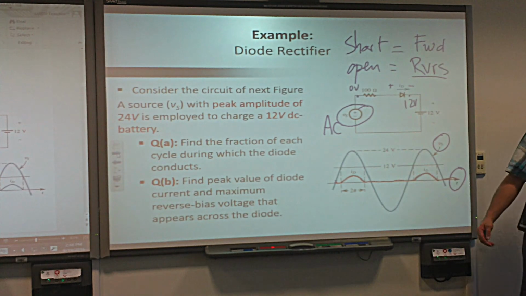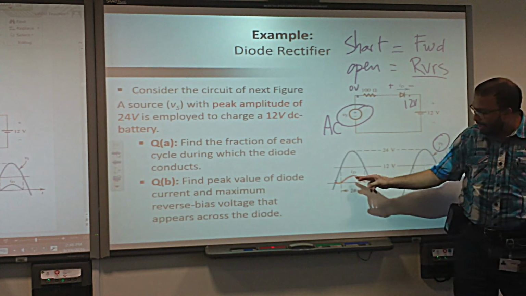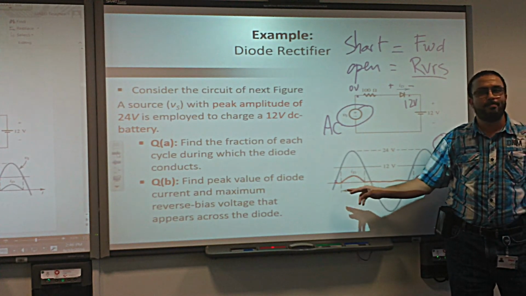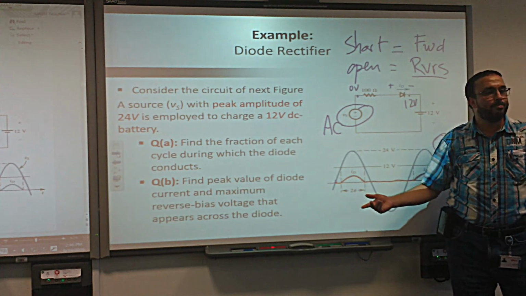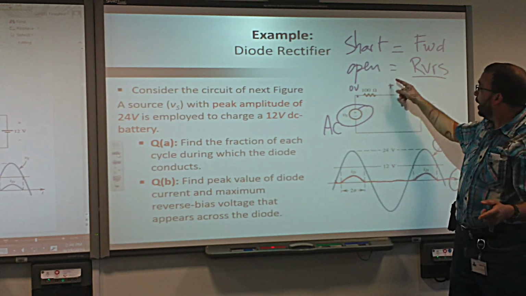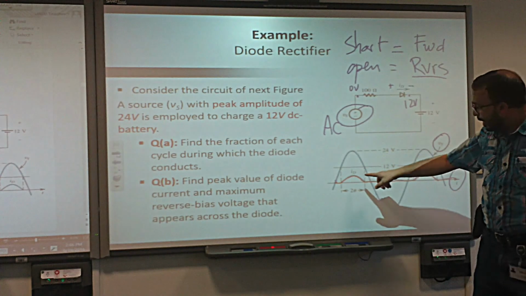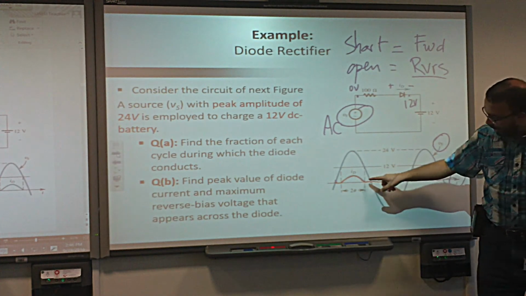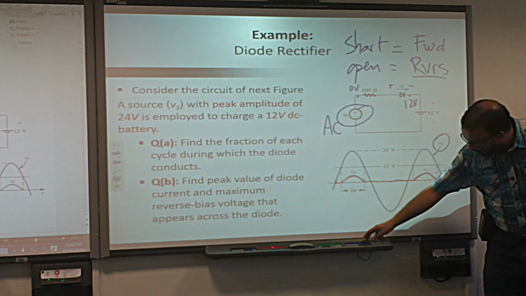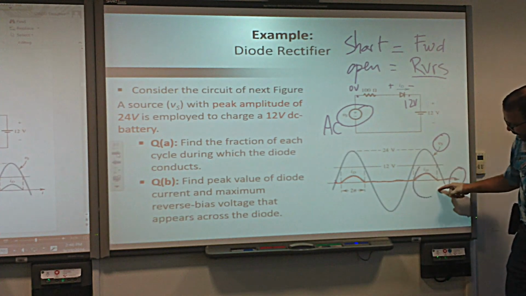Good. Now, how much is the current here? How do we calculate it? V over... What's V? V of what? Hold on a second. How do you calculate the current ID? In this case, we are not talking about this. This is 0, we are done. We are talking about these areas, this area.